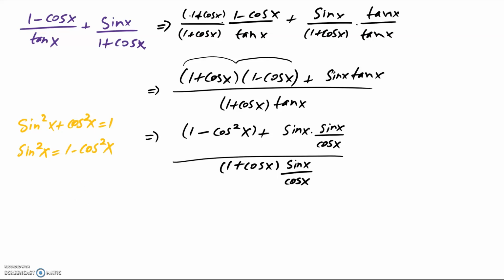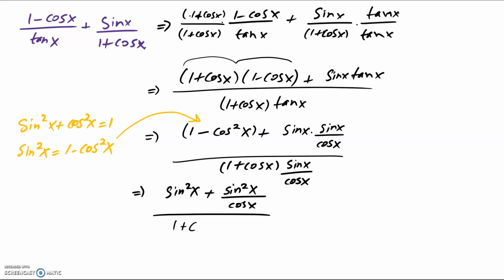This identity I'm going to use for this expression, and it's going to be sine squared x plus, simplify the next part, sine squared x over cos x, over 1 plus cos x times sin x over cos x. If you are writing over cos x under sin x or everything, it's the same thing.